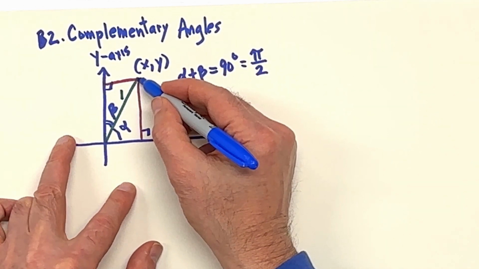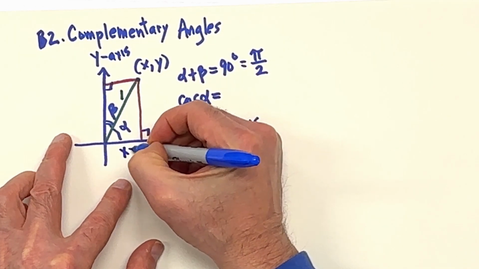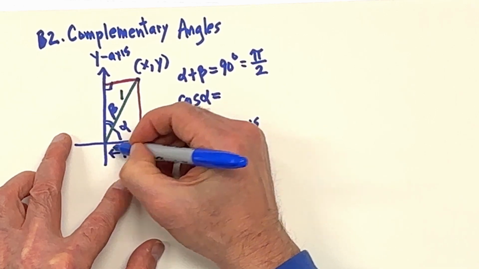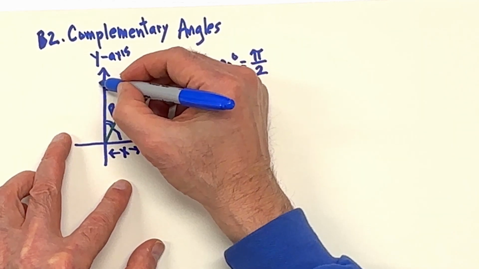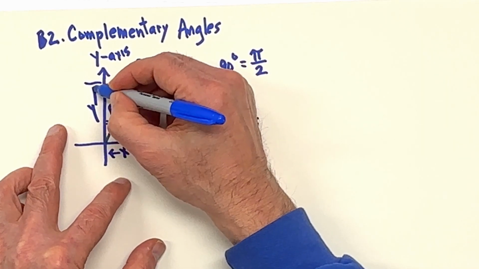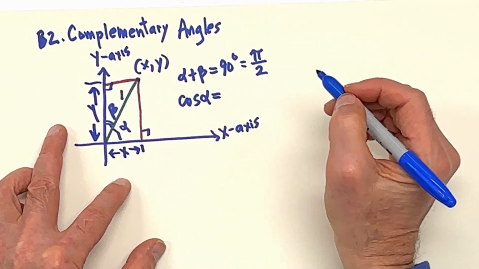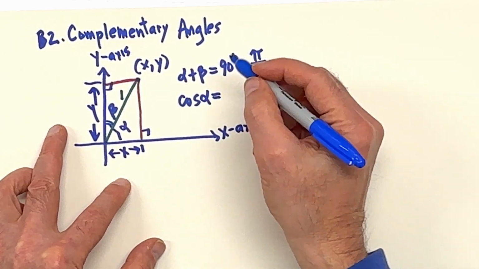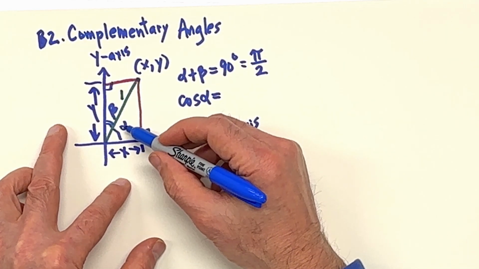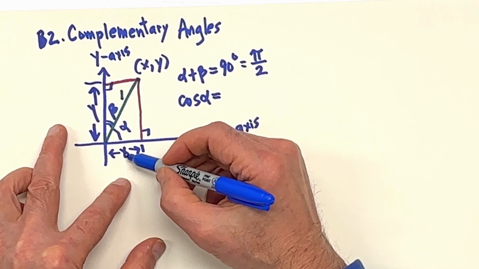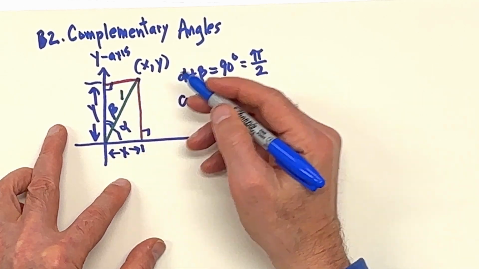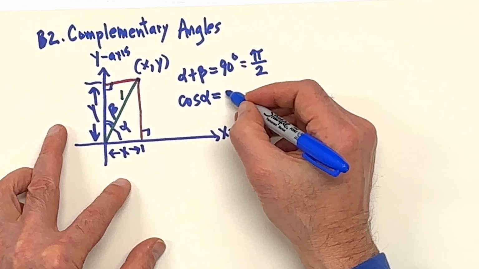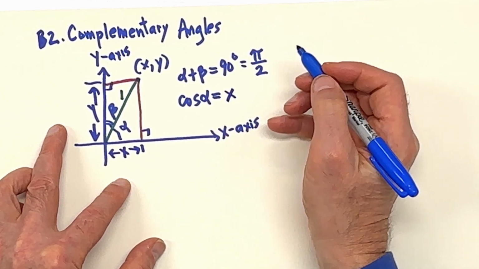So this is the point xy, which means that this distance here is x, and this distance going up is y. So the cosine of the angle is x divided by 1, so it's simply x.